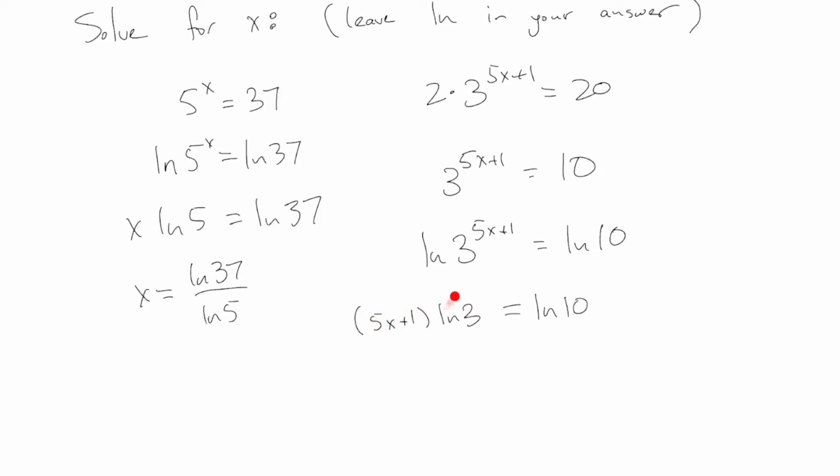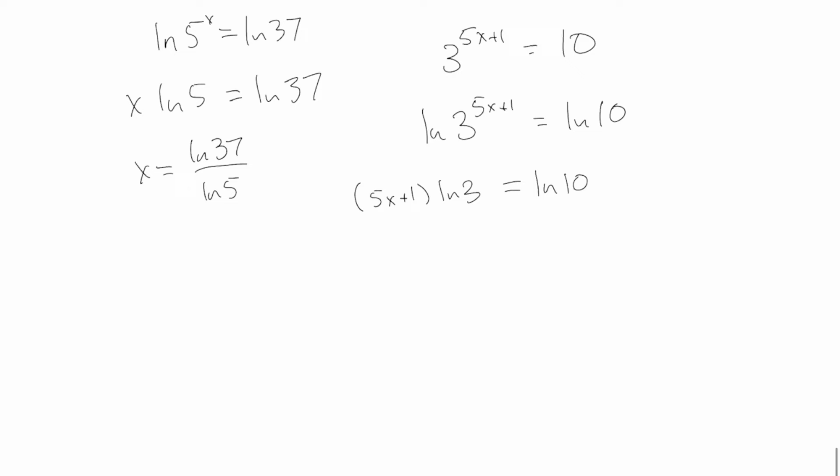You need to send all of it to the other side. The way to begin is to divide both sides by the natural log of 3. So when I divide both sides by ln 3, it now says 5x plus 1 equals ln 10 over ln 3.